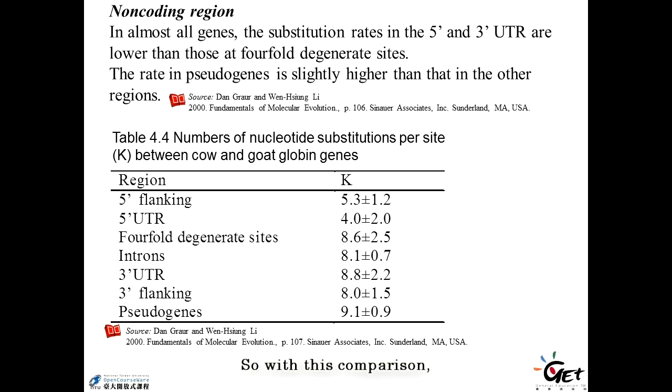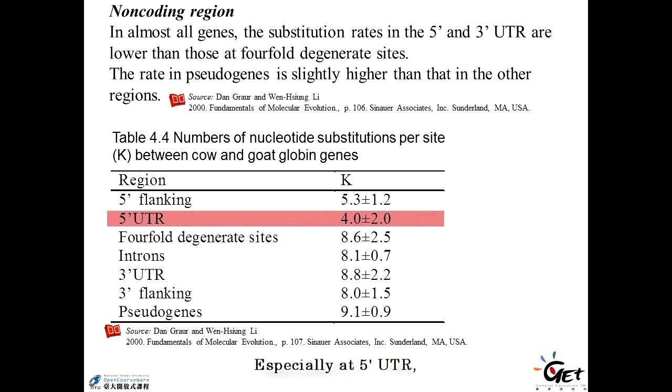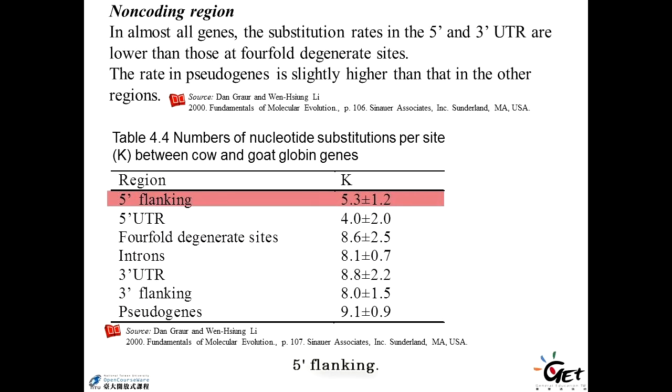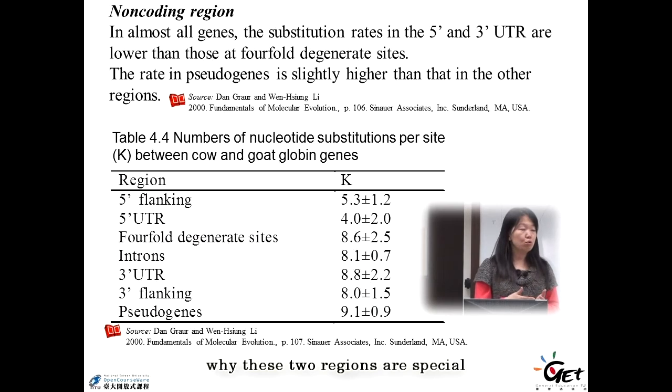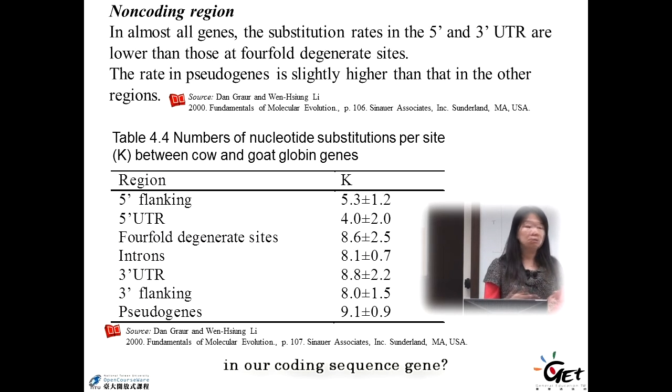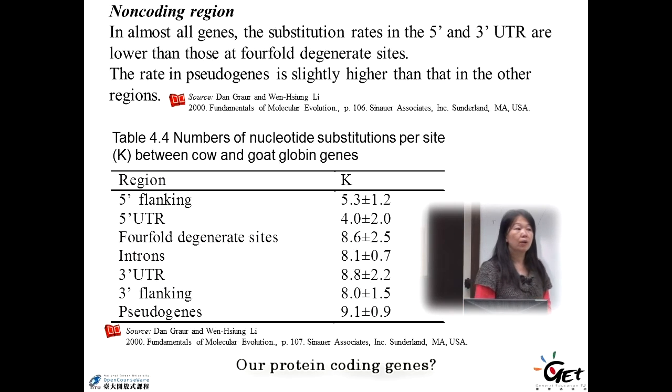With this comparison, our expectation was they should be very similar. But you do see differences, especially at 5' UTR and 5' flanking. So the next question is why these two regions are special in our protein coding genes.